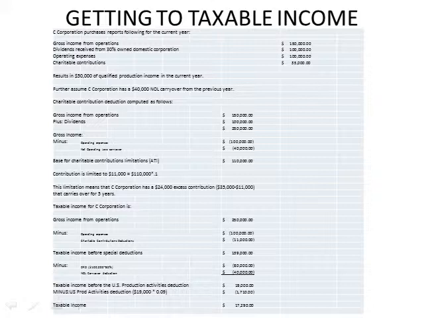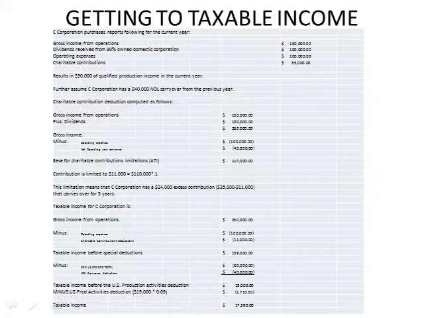So we're also to assume that these are qualified operations or production activities, and so that tells us that we have the $150,000 in income from operations reduced by the $100,000 in operating expenses to get to $50,000 of qualified production income in the current year. We are also told to further assume that C Corporation has a $40,000 net operating loss carryover from the previous year.